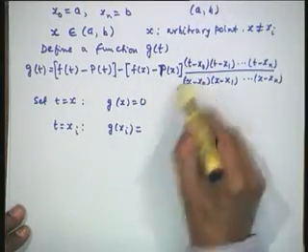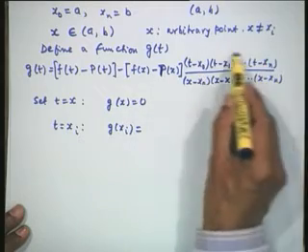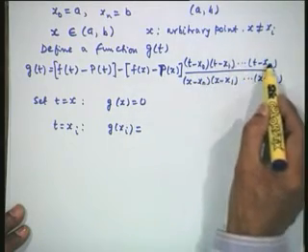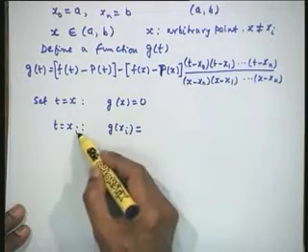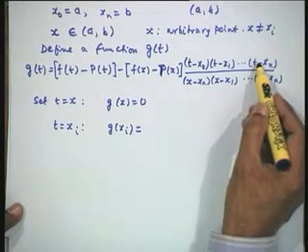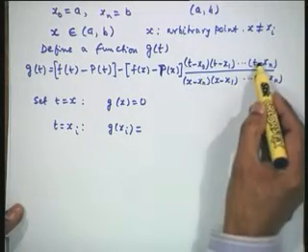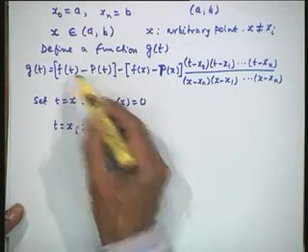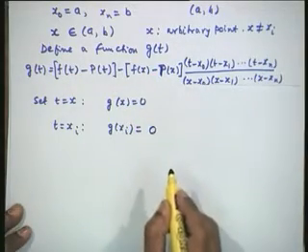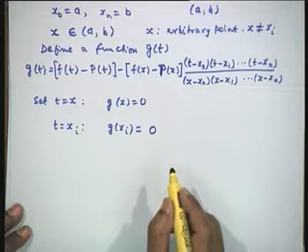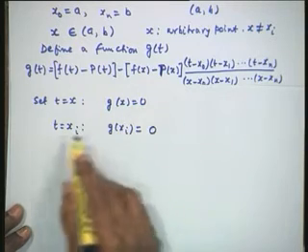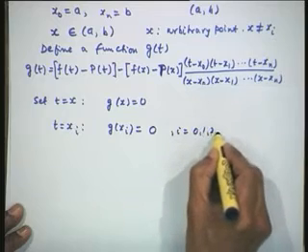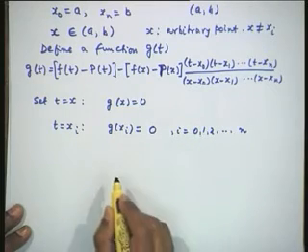But here, when I put any one of these x_i's, the numerator is 0, because t minus x_0, t minus x_1, t minus x_i. When I use any value for t as x_i, one of the factors contains t minus x_i. So this numerator is going to be 0, but this is also 0. Therefore, this is also equal to 0, for i equal to 0, 1, 2, ..., n.